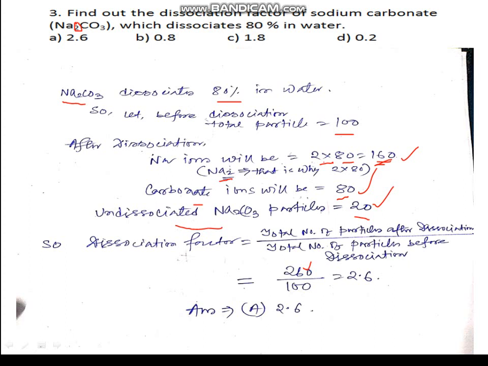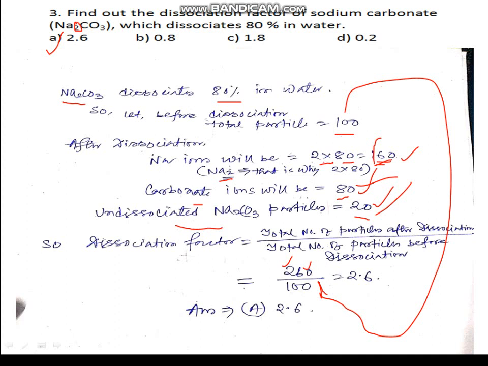As we discussed the formula, dissociation factor equals the total number of particles after dissociation, that is 260, divided by the total number of particles before dissociation, that is 100. So 260 by 100 equals 2.6. So the dissociation factor is 2.6, and the correct answer is 2.6.